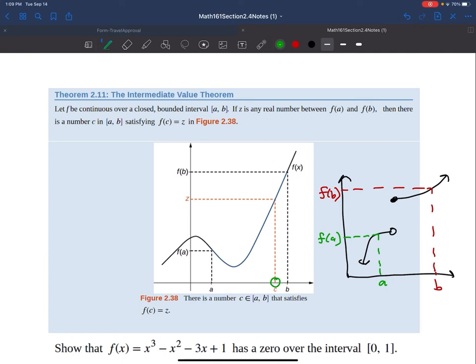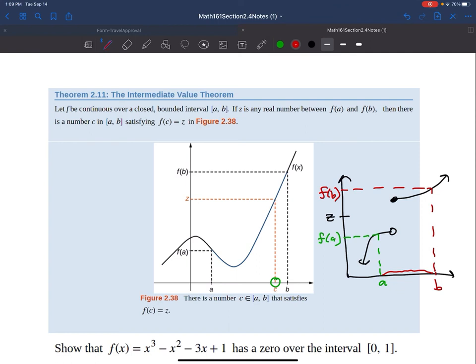The theorem says if Z is any real number between f of A and f of B, I'm going to pick a random one in there, this Z right here. Then there is a number C in [A, B] satisfying f of C equals Z. Well, is there any number in this region where, if I send it through the function, it gives me Z?